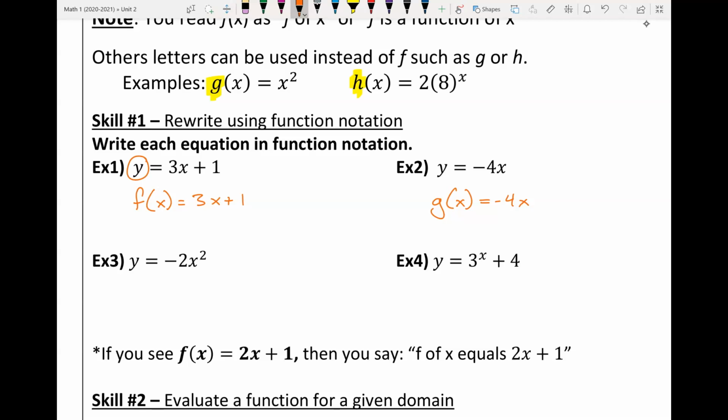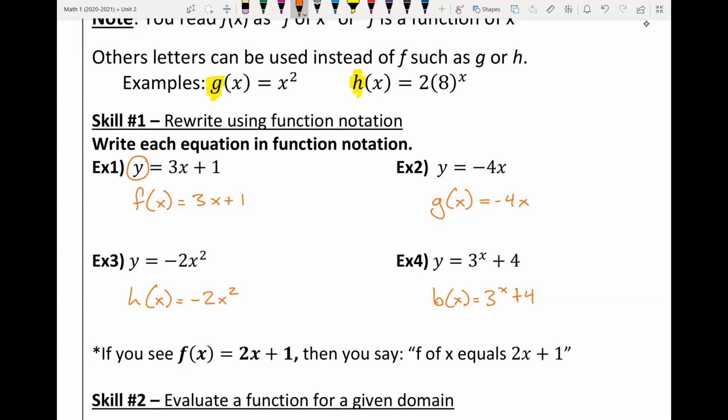All right, example 3, we have y equals negative 2x squared. Let's name this one h. Function h of x equals negative 2x squared. And then we have our last one there, y equals 3 to the power of x plus 4, a nice exponential function. Let's say this one's b, function b of x is equal to 3 to the power of x, and then plus 4.